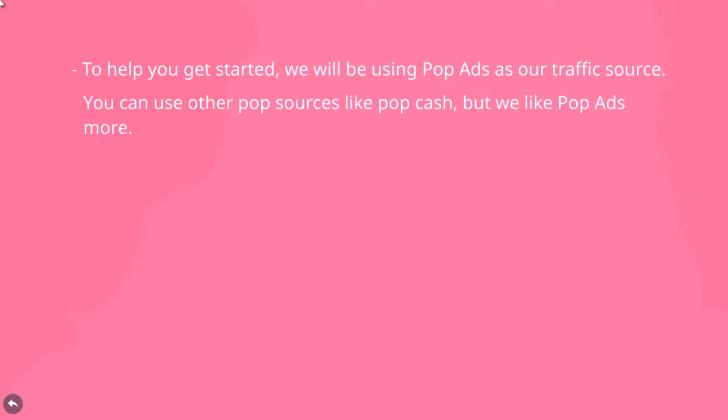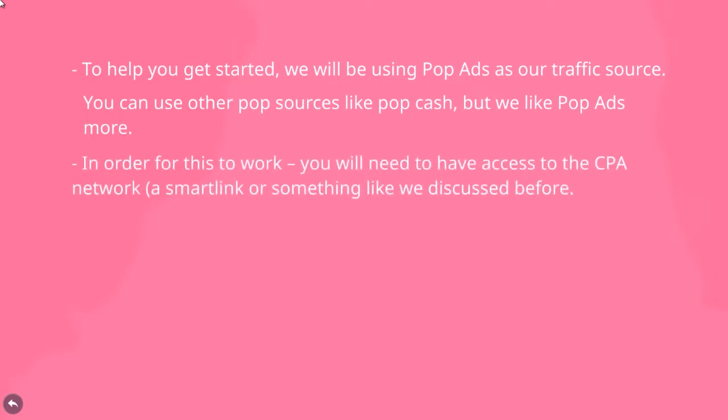In terms of the offers that convert really well with PopAds, number one, you definitely want to get something targeted. And number two, if you utilize something like a smart link, it's so smart that usually it can figure out what that person would like.